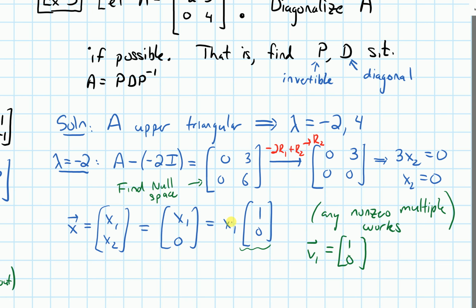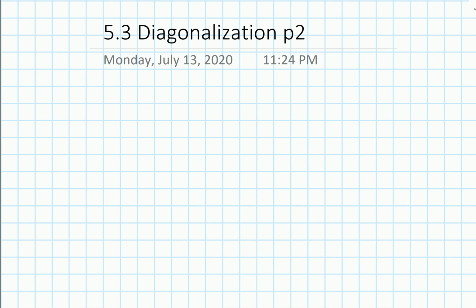This is also pretty simple, so I could write down the equation now, but let me show you what it looks like if I row reduce to reduced form. I can divide the top row by -6, and I get 1 and then -1/2, and the second row stays 0, 0. That's in reduced echelon form now.